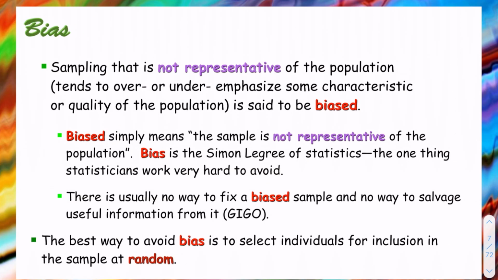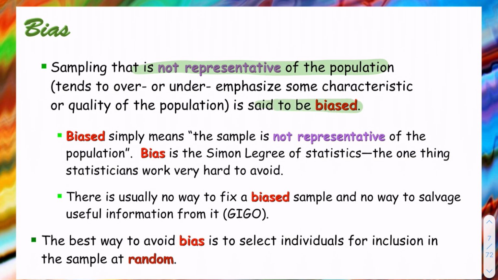We want to avoid this misleading statistics. And this is the idea that goes along with statistics, removing bias. So a sample that is not representative of the population, which either tends to over or underemphasize some characteristic or quality of the population, is said to be biased.